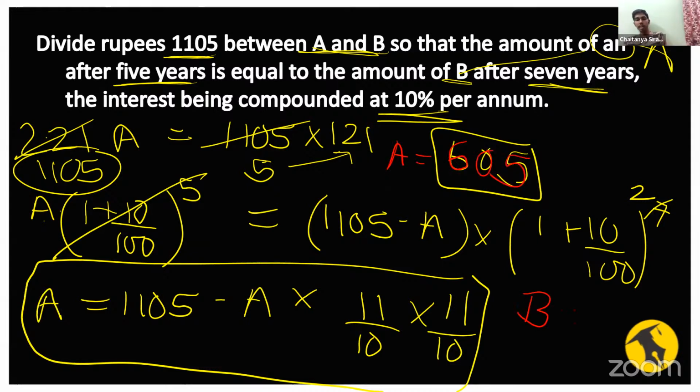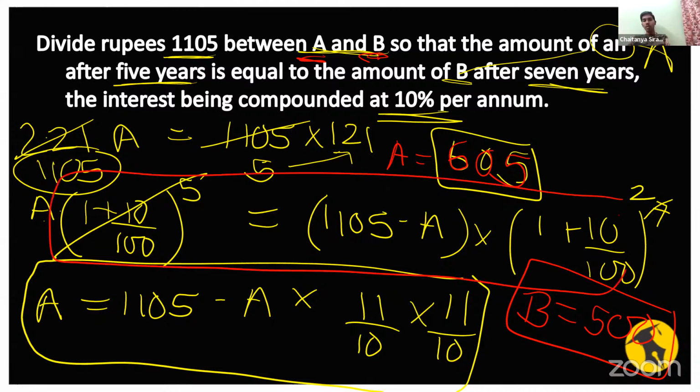How much would be B? B will be 1105 minus 605, which would be 500. So you had invested 605 rupees in A and 500 in B. So this is similar to the question we solved for simple interest. You just have to form the equation correctly and then you have to solve.